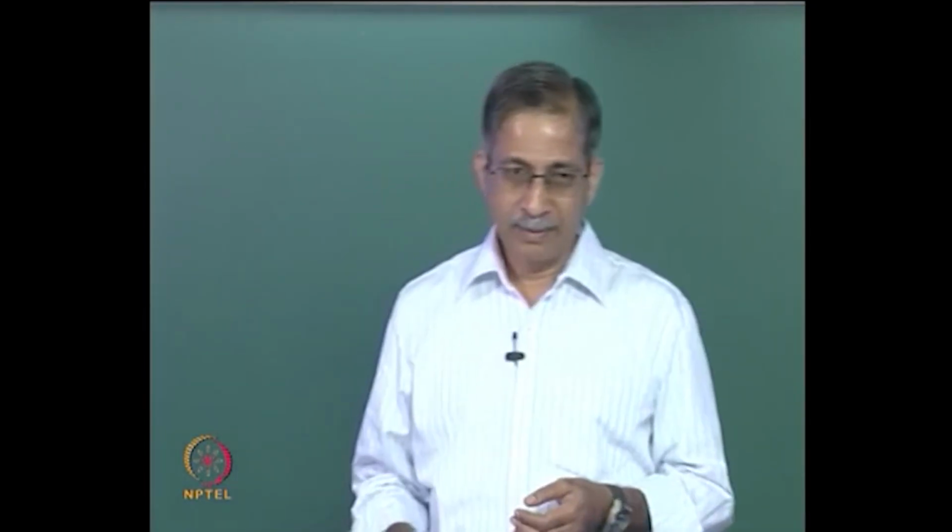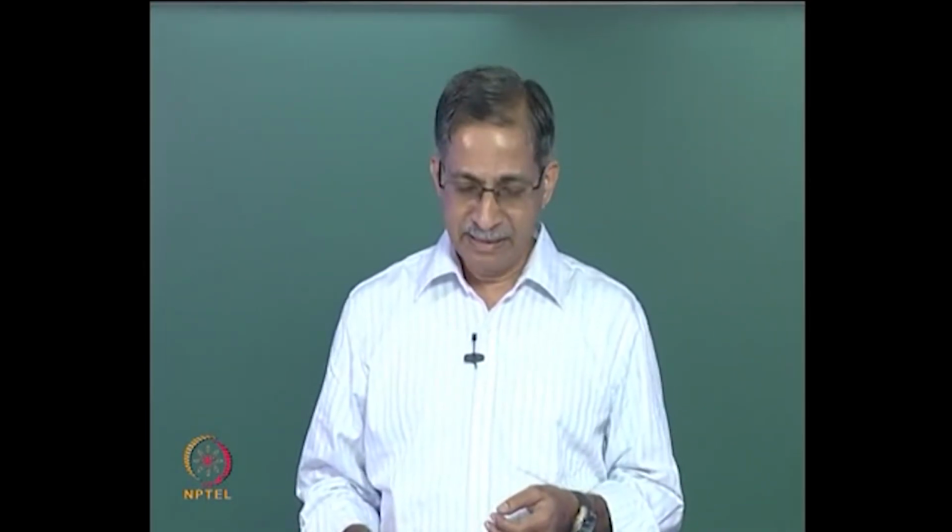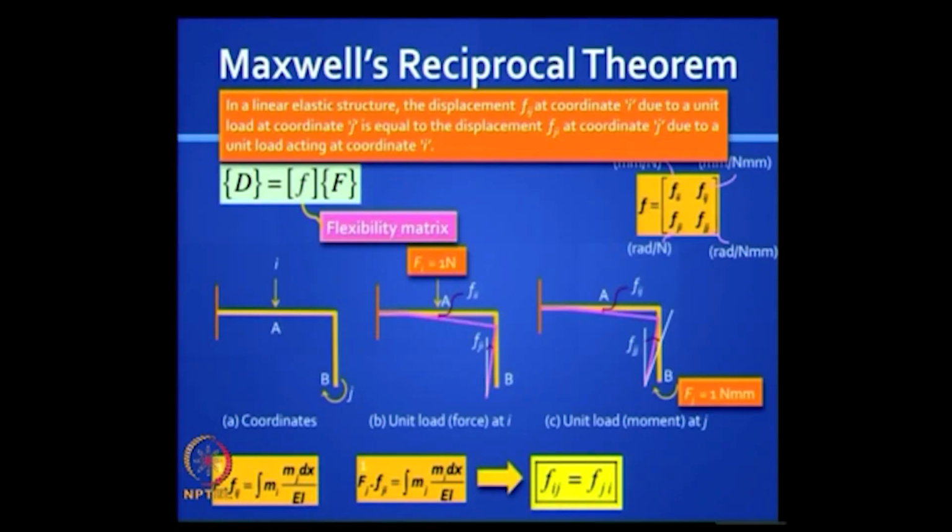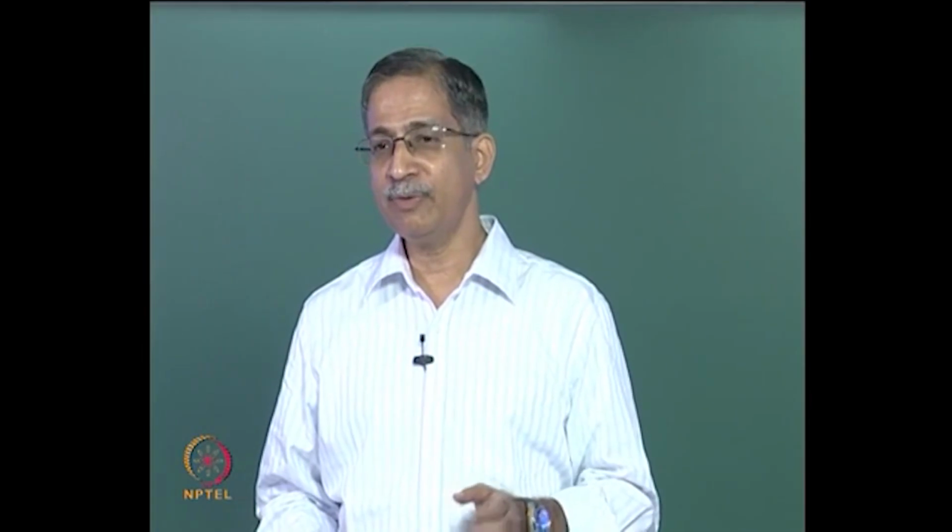So in summary, in a linear elastic structure, the displacement Fij at coordinate i due to a unit load acting at coordinate j is equal to the displacement Fji at coordinate j due to a unit load acting at coordinate i. Now the load could be a force, it could be a moment, and although we proved this for a frame, you could prove it for a truss as well.